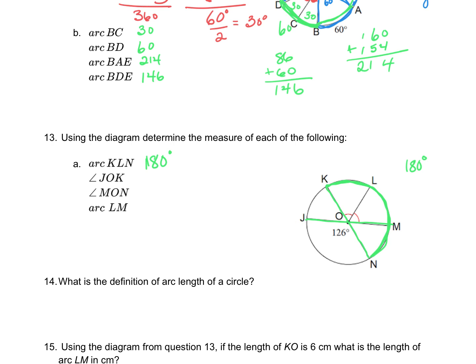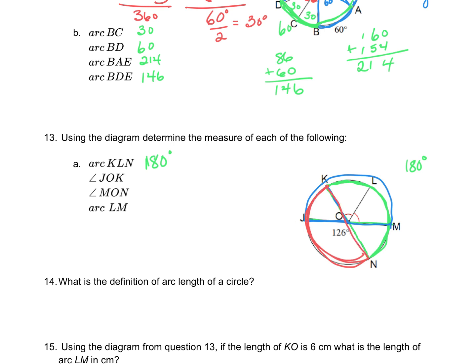Now, next one, angle JOK. All right, now, here, JM is also a diameter. So that means from J to M is 180. It also means that K to N is 180.